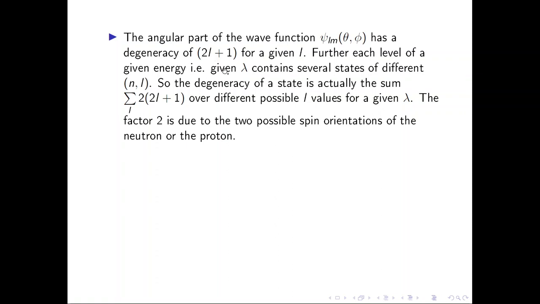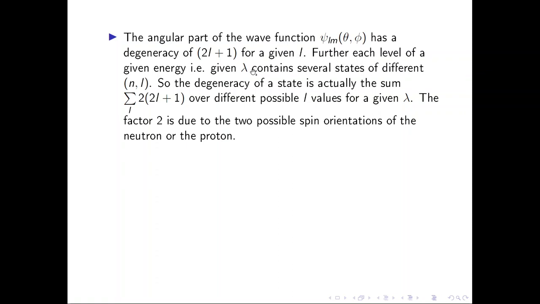So what is the degeneracy? Let's see that. The angular part of the wave function has a degeneracy of 2L plus 1 for a given L. Why? Because any given L can have 2L plus 1 m_l values. So this 2L plus 1 corresponds to the magnetic quantum number.